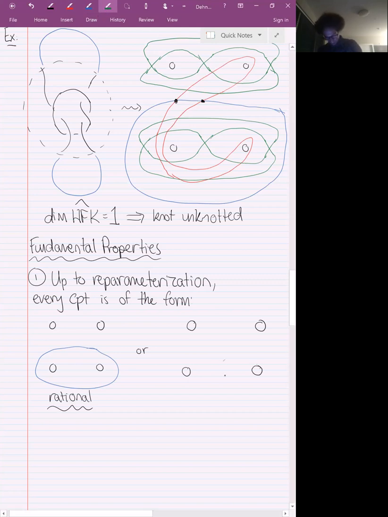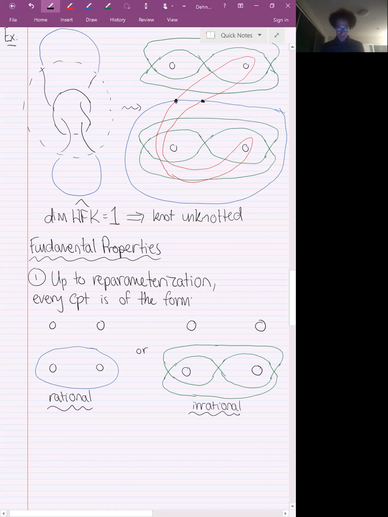So I'll just draw that again. Great. And so this is what we'll call an irrational curve. And unfortunately, not every irrational curve is of this form. It's maybe a slight generalization of this.